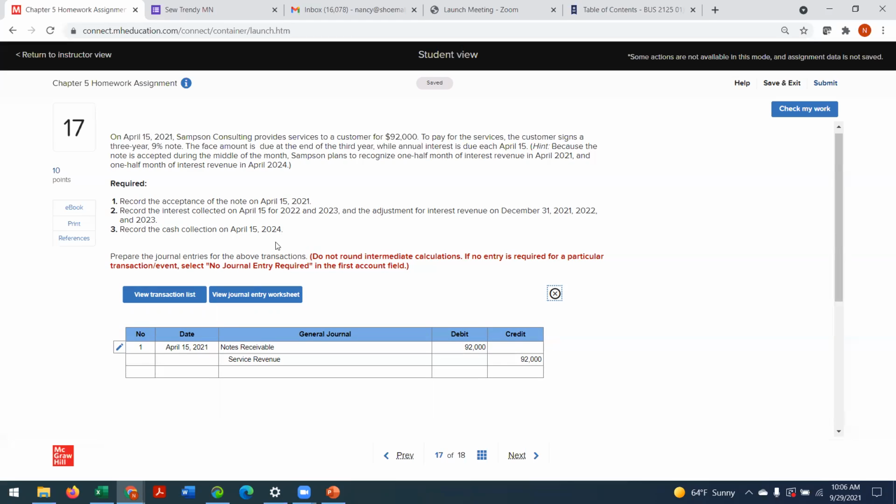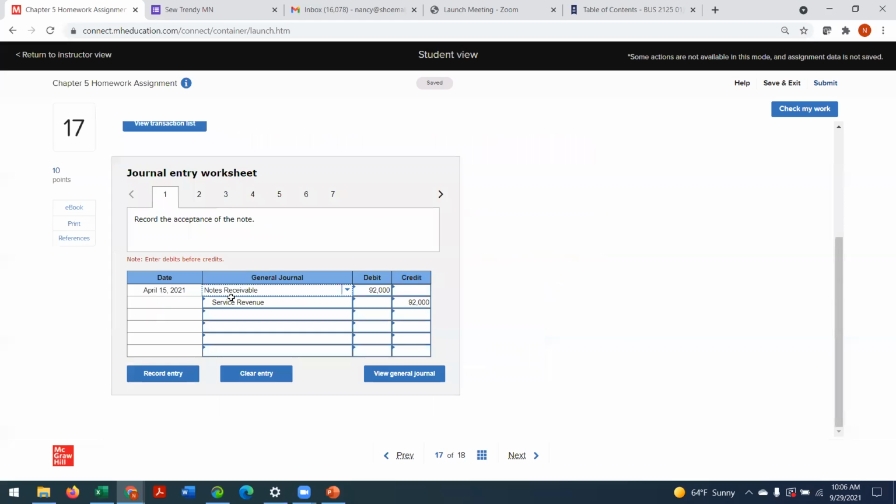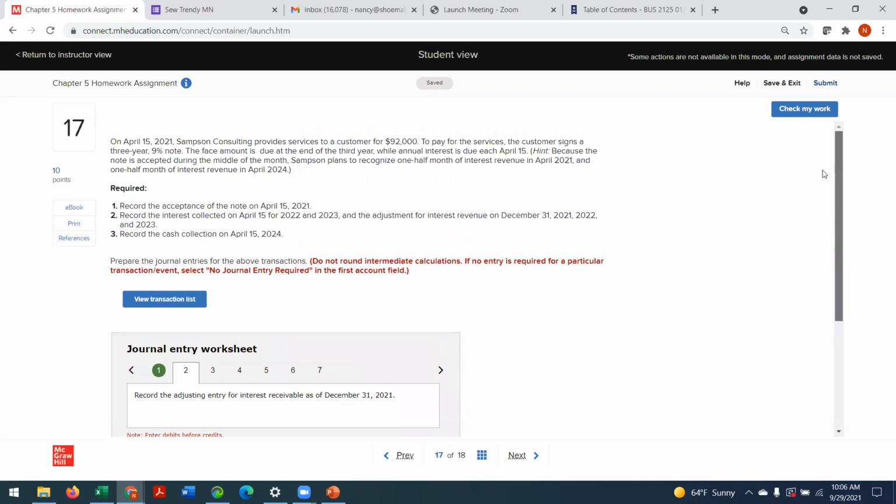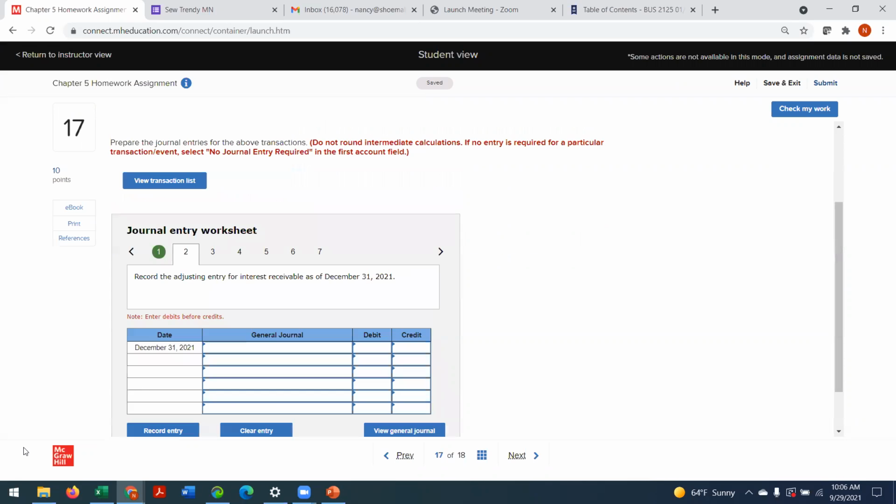So we know, record the adjusting interest for interest receivable as of December 31st, 2021. We know the note is $92,000. It was taken out April 15th.